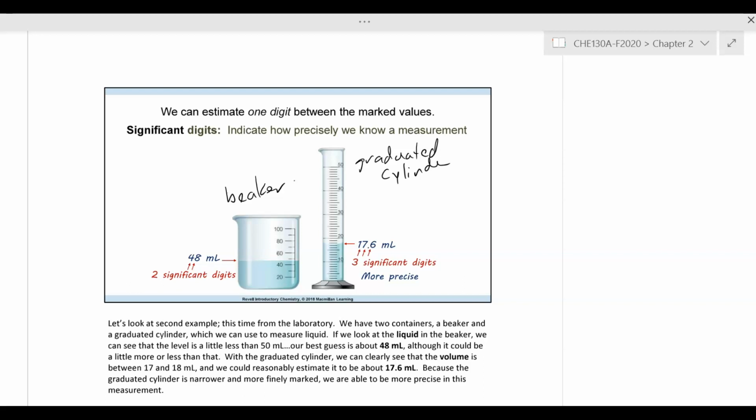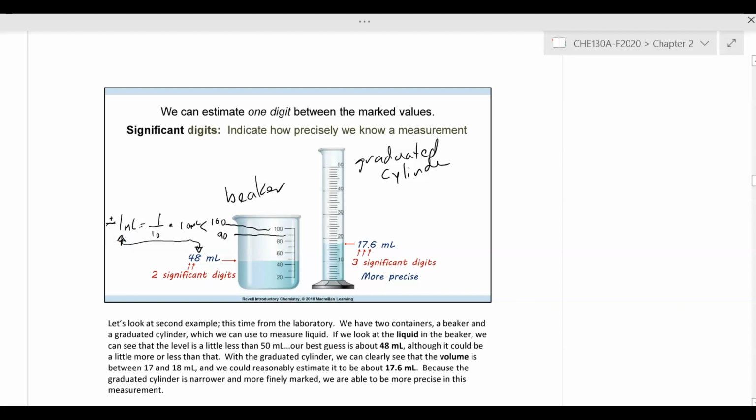So let's consider this line and that line. The line there represents 90. It's the line between 80 and 100, so it's 90. That's 100, so that difference is 10 milliliters. We can multiply that by 1/10, and we can probably estimate to within about plus or minus 1 milliliter. So we're justified in expressing values in the ones place because we can do plus or minus 1 milliliter.